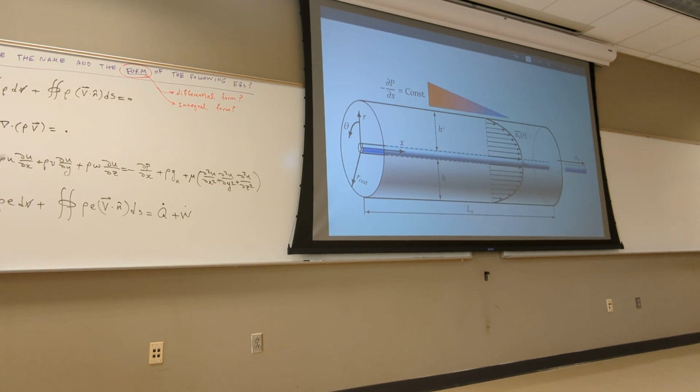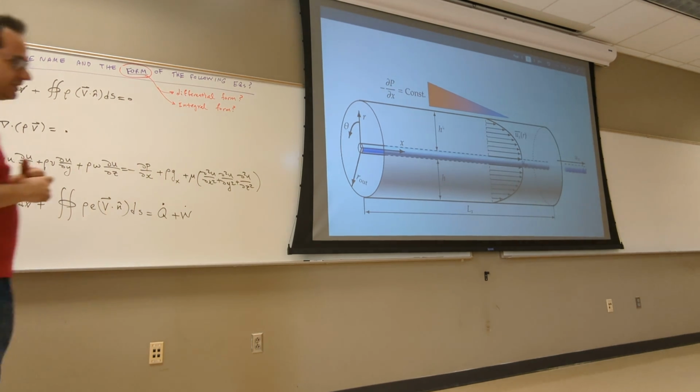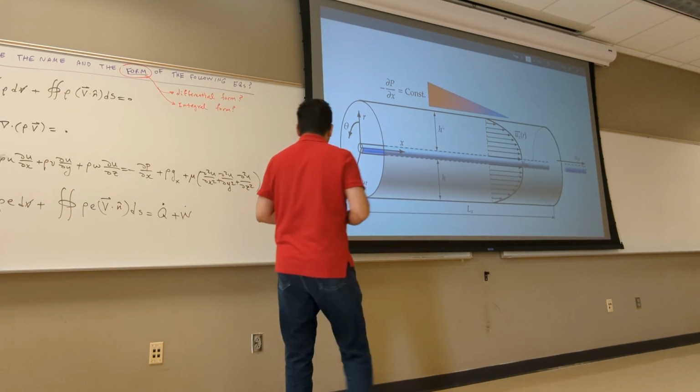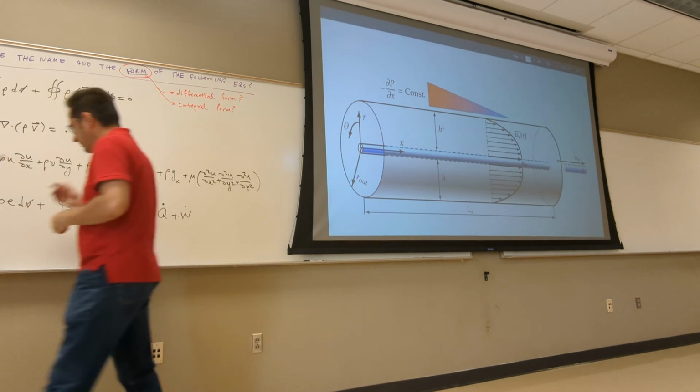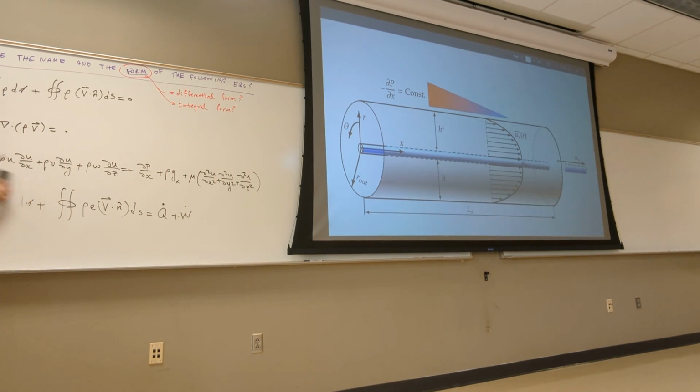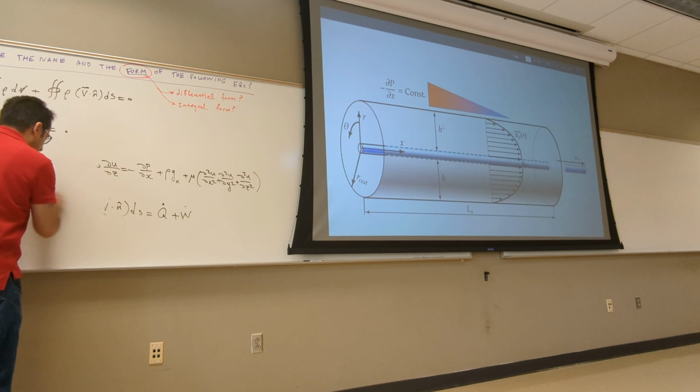Now, I want to start from scratch with the differential equations and come up with a solution, hopefully. They call this the Poiseuille law. We had it last class, so this is a more extensive form of that. So let me start with the differential equation.